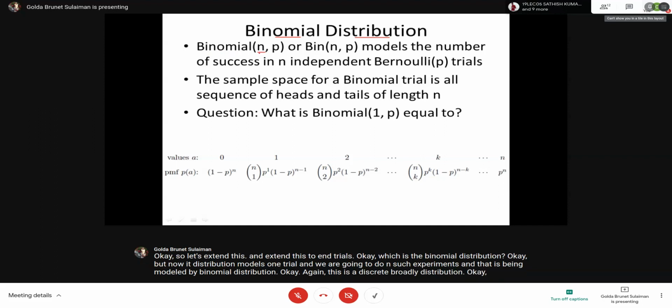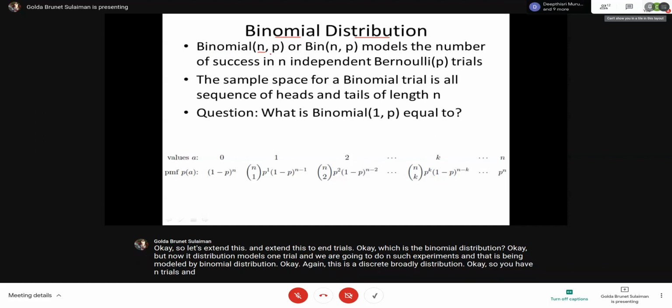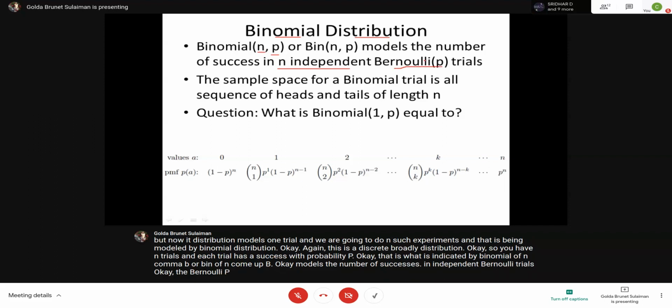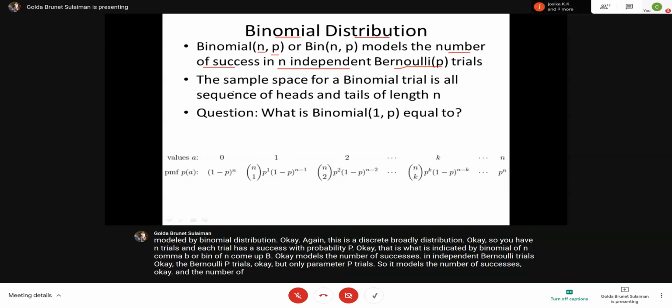You have n trials and each trial has a success with probability p. That is what is indicated by binomial of n comma p. It models the number of successes in n independent Bernoulli p trials, and the number of trials is n.